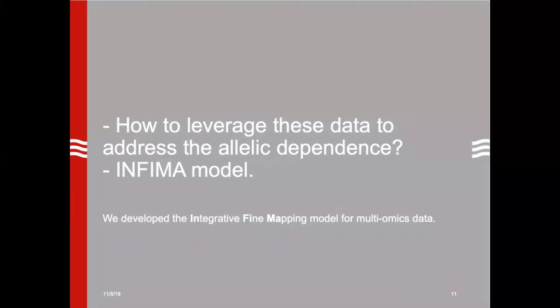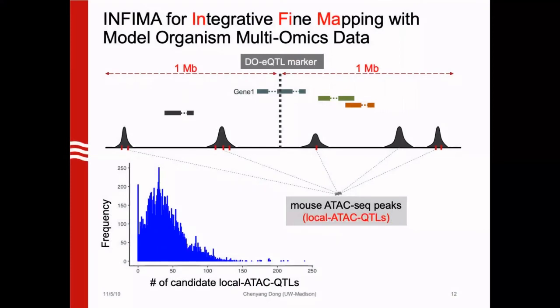We developed a model called INFIMA. INFIMA is short for integrative fine mapping with model organism multi-omics data. The idea is pretty straightforward. For each DO eQTL gene, say we have a DO eQTL marker in the middle, located in the exonic region of gene 1.